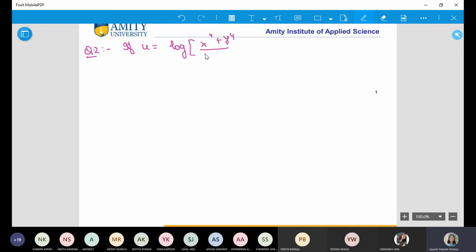In most of the questions we use the substitution one only, because you hardly get a very direct question. If u is equal to log this, then show that x del u by del x plus y del u by del y is equal to 3.